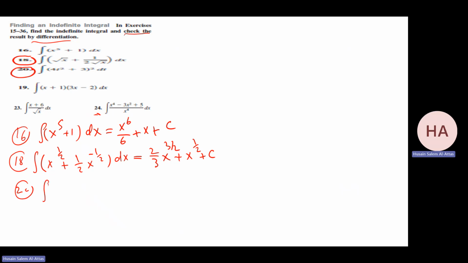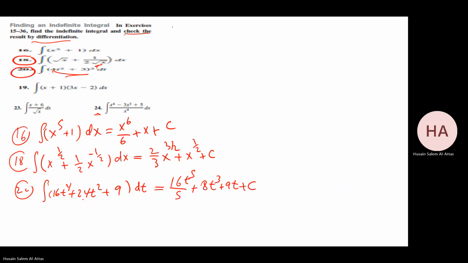That will be 16t to the power 4 plus 24t squared plus 9, I open the square, dt. And that gives me 16t to the power 5 over 5 plus 8t cubed plus 9t plus c.